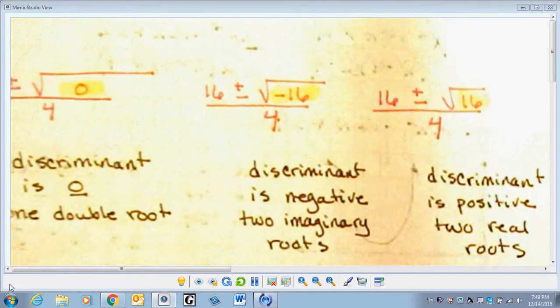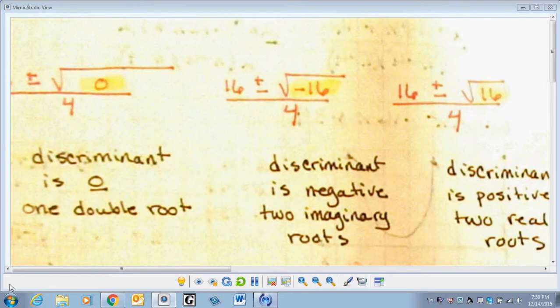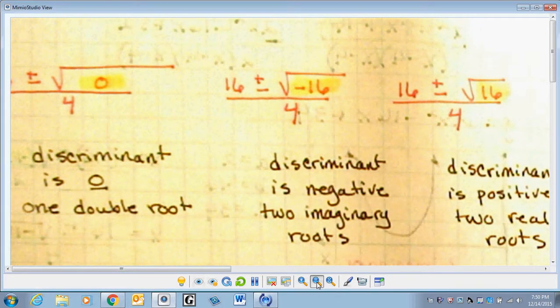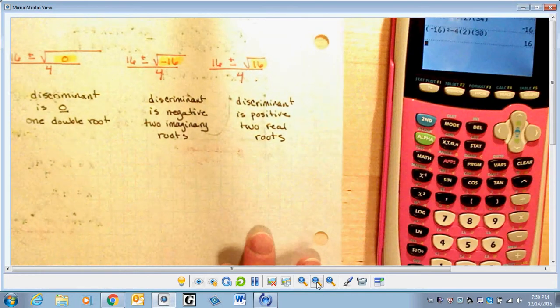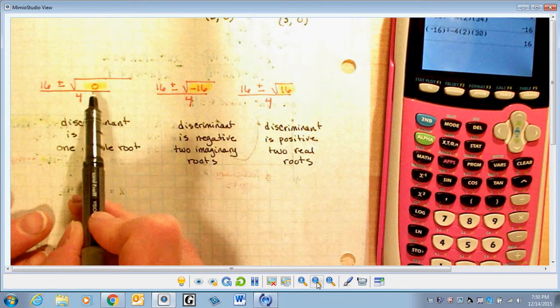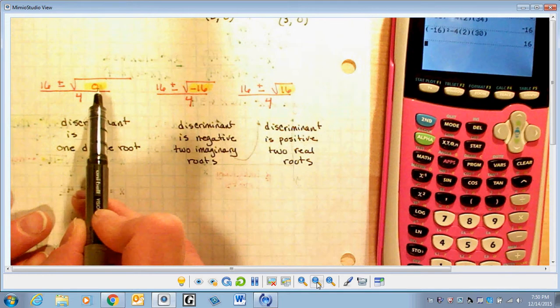Okay? So this is a concept that you need to be familiar with because it's a question that will come up from time to time. I'm going to back out my screen a little bit. It's something that you need to know, because you might be given a question on your SOL such as the discriminant is 0.